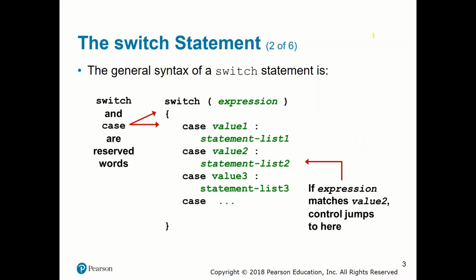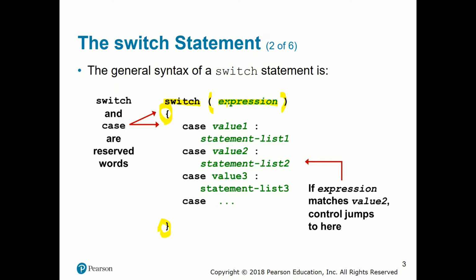This is the general syntax of a switch statement. At first, you need to write switch like this, and then parentheses and braces. Inside the parentheses, there is an expression. It should be evaluated and determine just one value.